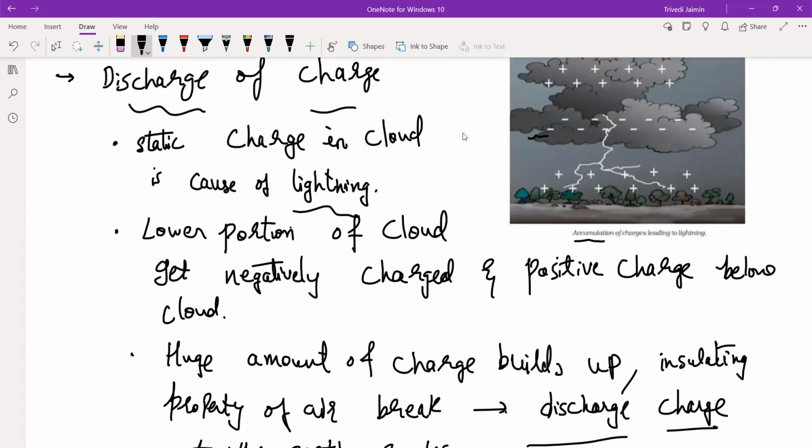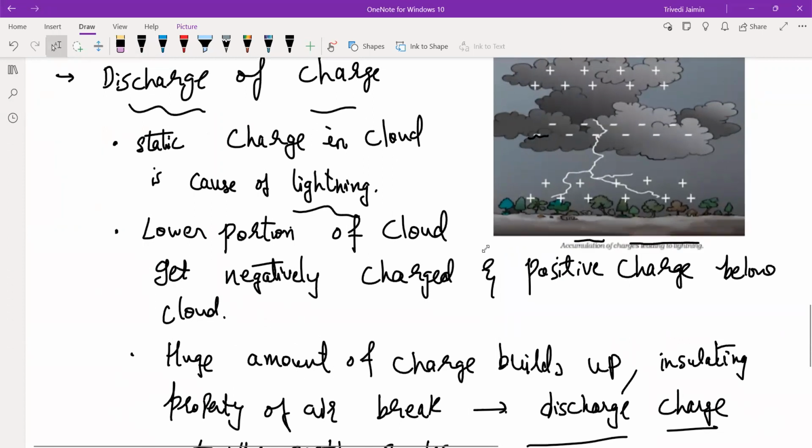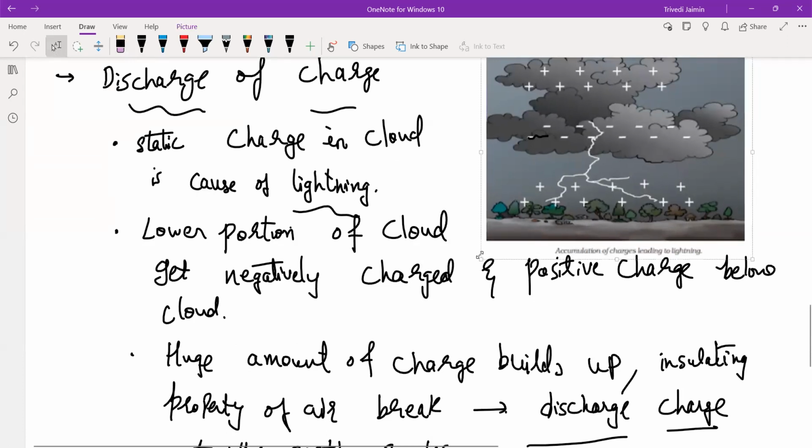So accumulation, if you can read here, accumulation of charge leading to lightning. Is it visible or shall I zoom it? Visible, sir. Yes, please sir, zoom it a little bit. Because some of you might be using phones, it might not be visible.